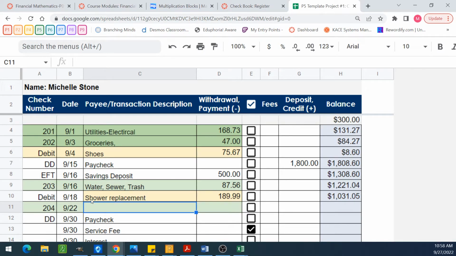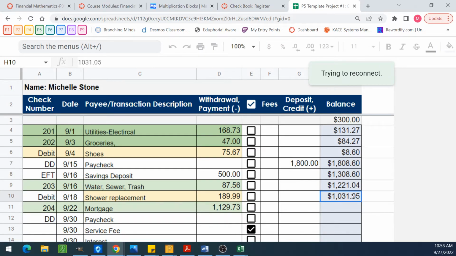You guys, what's the difference between rent and mortgage? Okay, mortgage, you're paying off your house. My mortgage is 112, I want to say 9.73 every month. Do I have that much money in my account right now? That's a problem. I'm going to keep it like that where I'm spending too much money.